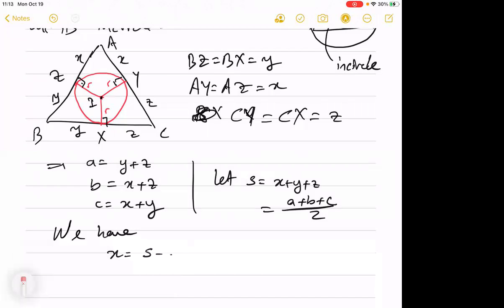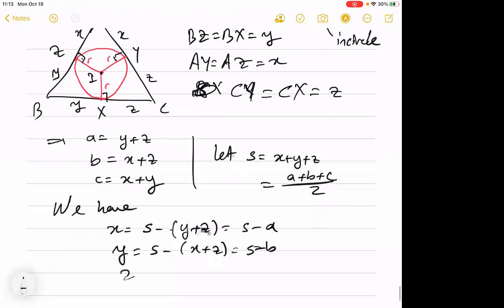From this equation, X is equal to S minus Y plus Z, but Y plus Z is equal to A, so it is S minus A. And similarly, Y is equal to S minus X plus Z, and X plus Z is equal to B, and Z is equal to S minus X plus Y, which is C.